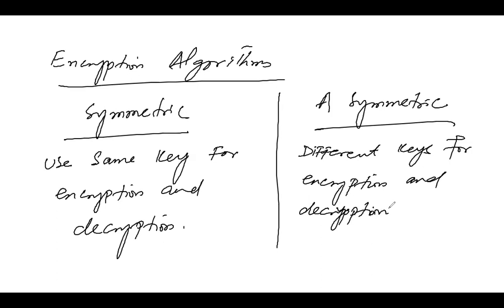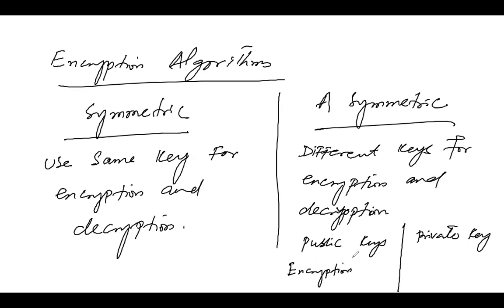And the two keys here are the public and private key. The public key is actually used for encryption, and the private key is used for decryption.